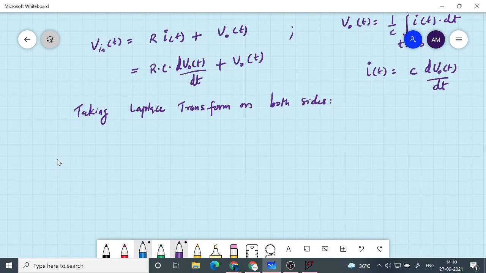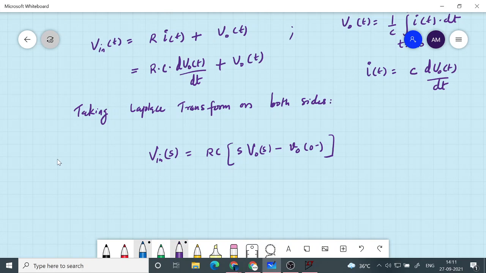Okay, so now taking the Laplace transform, on the LHS I have V in, that will become V in of S. And then RC into the Laplace transform of dV0 of t by dt, I can write it as S into V0 of S minus V0 of 0 minus.